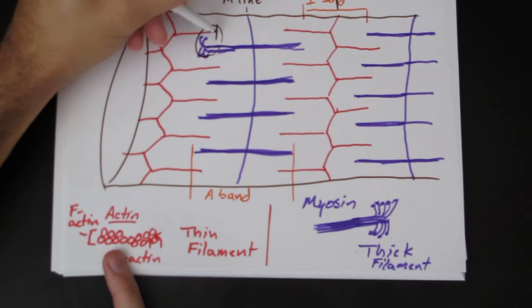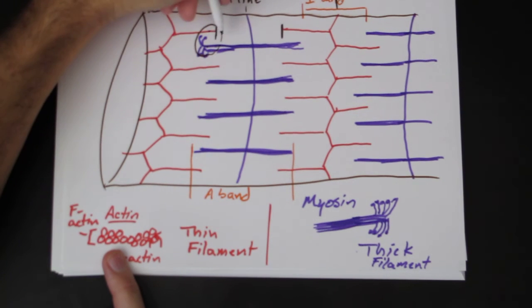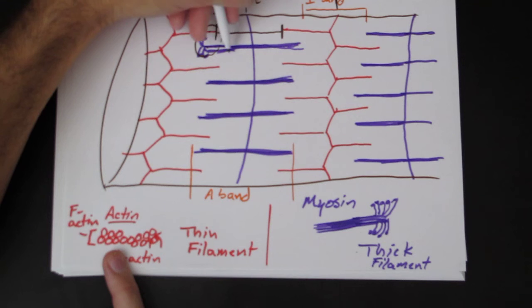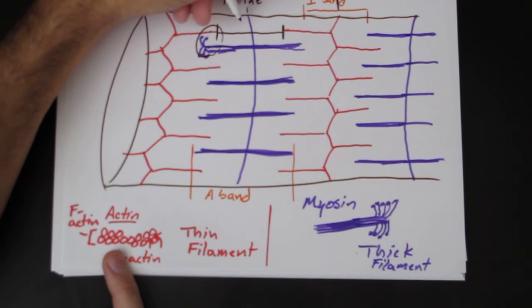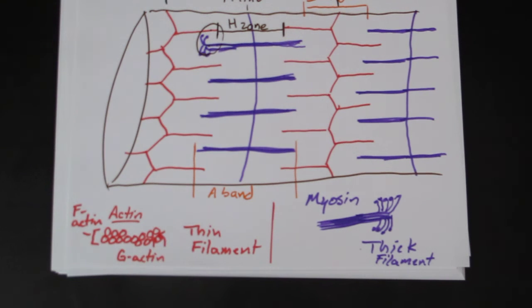But at the same time, there is a portion of that dark band, basically from here over to here, where there is no overlap, right? It's only myosin protein. This is called the H zone. All right? So we have the H zone here as well, and we're going to return to that probably in the next slide as we go through this.